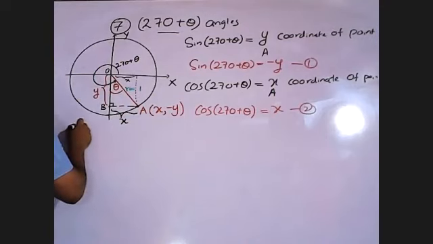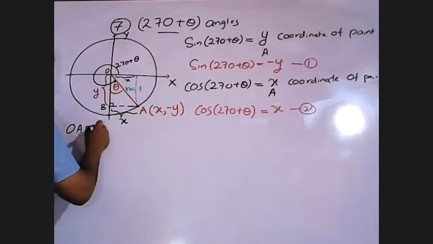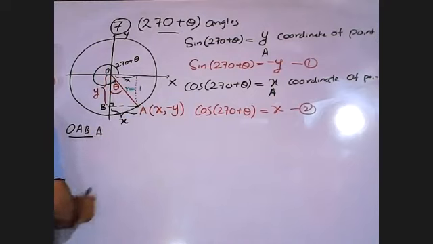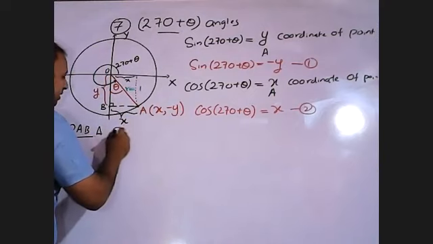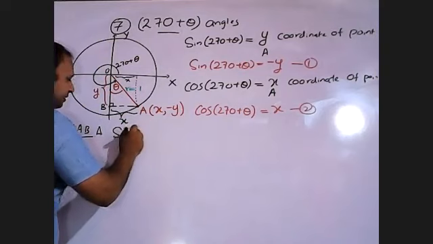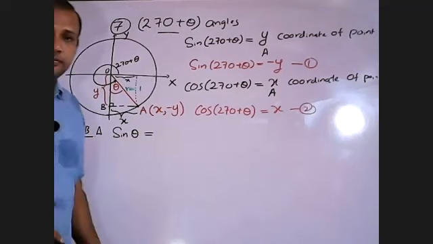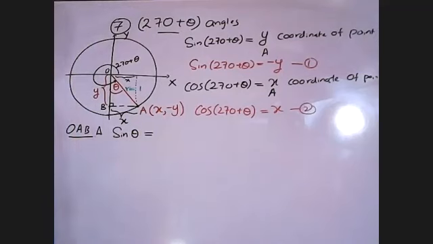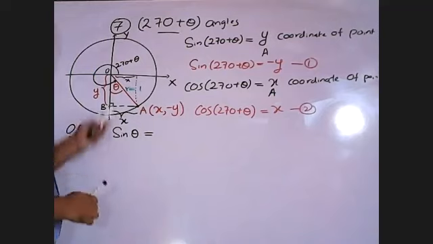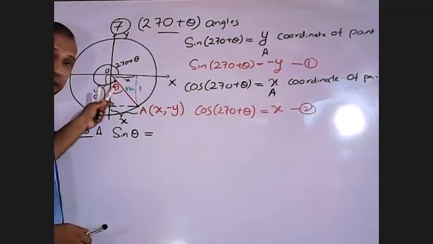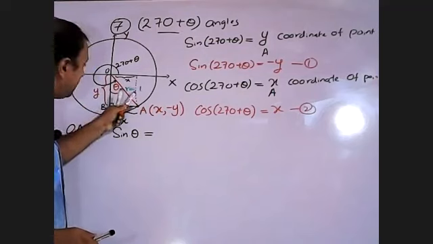Using the OAB triangle, what is sine theta? Tell me. Yes, very good. It is equal to x. Sine theta is equal to the opposite side over the hypotenuse.